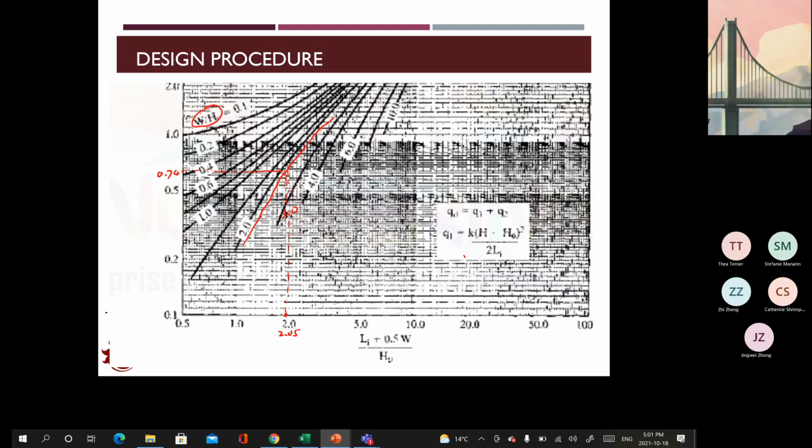This is the value we get from the graph, based on the value from the x-axis and the line that is determined by W divided by H0.